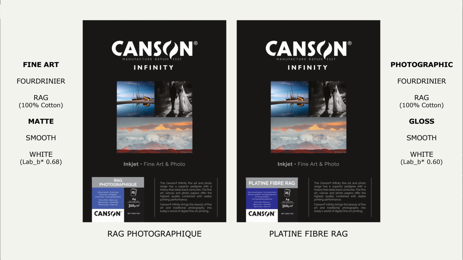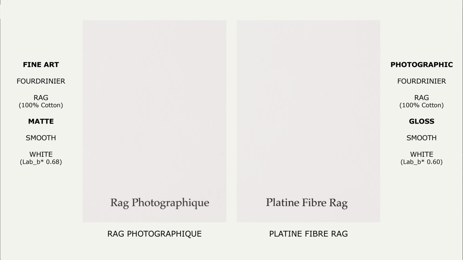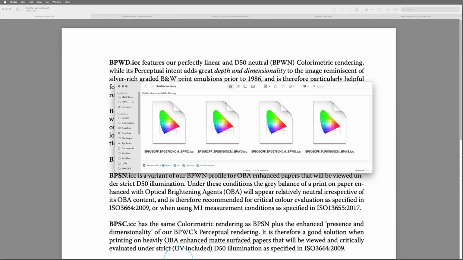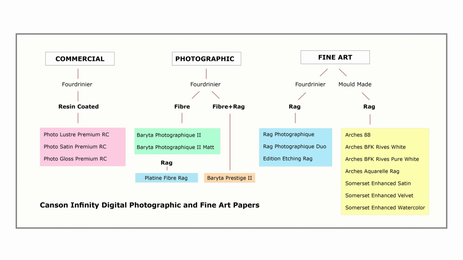For example, if I'm comparing platine fiber rag with, let's say, rag photographique, similar white points, but smooth matte and smooth gloss, I have the same relative colorimetric renderings, but different perceptual renderings for the rag photographique and the Canson platine for one simple reason, and that is to make the two prints colorimetrically look as close as can be, even though one is on a matte surface and one is on a beautiful soft gloss surface. So that's me poetically tweaking and moving colours around according to my feelings. So this is not the same rendering on rag photographique as on Baryta photographique.